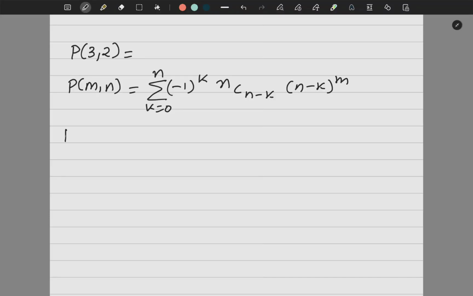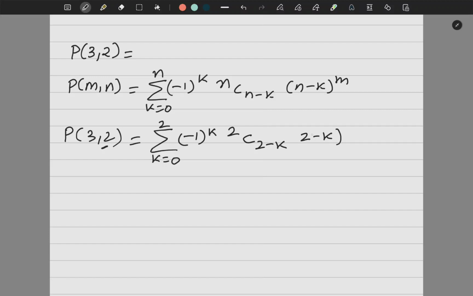So let me put it here. P(3, 2) is equal to summation k equals 0 to 2 minus 1 (what is n? 2), (-1)^k, 2C(2-k), then (2-k)^m, where m is 3. Now let us open the summation.